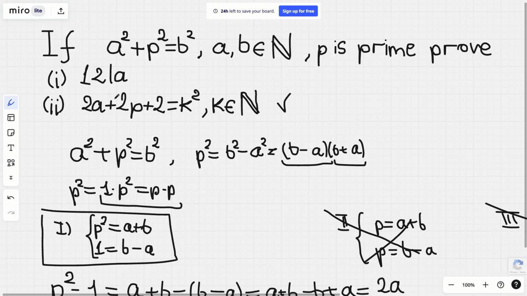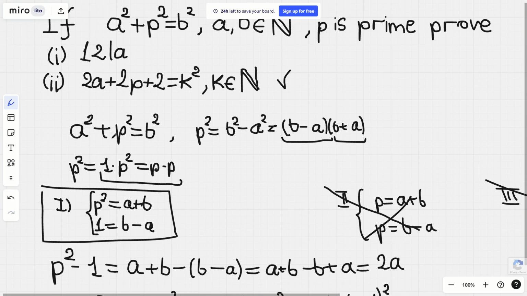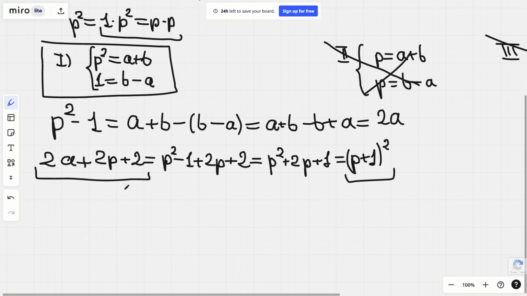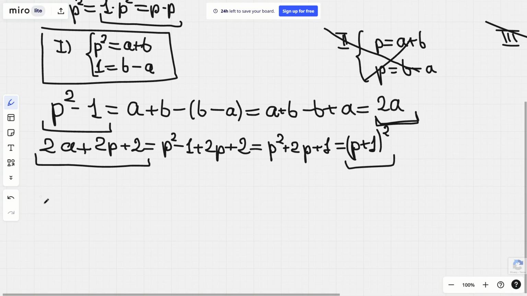Now we have to prove the first one. So let's see. Okay, how can we prove that? We can maybe prove this one from this equation. So a is p squared minus 1 divided by 2.